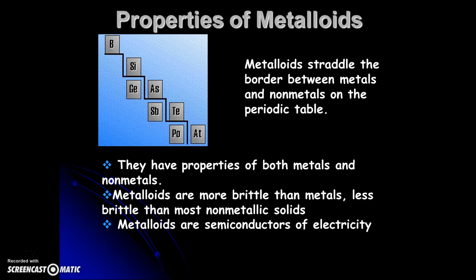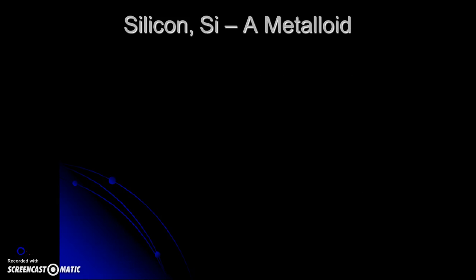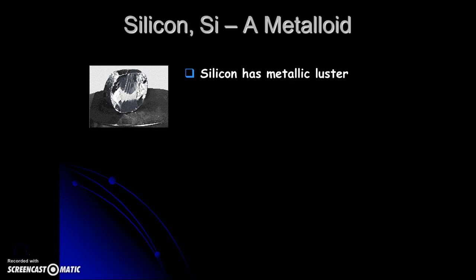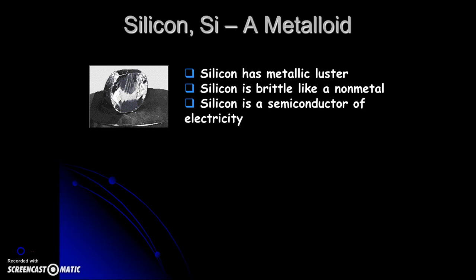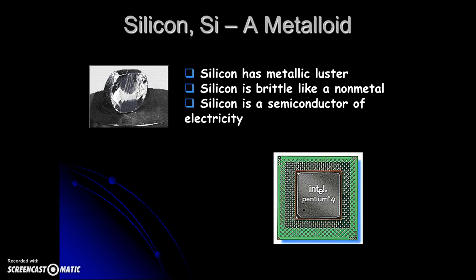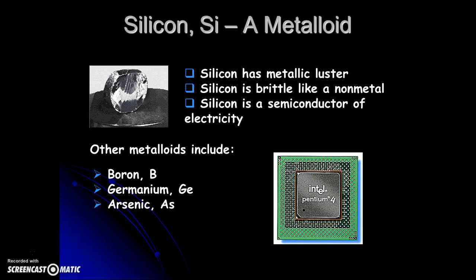And metalloids are probably the most important group of elements to our technology lifestyle. Silicon's one of the most important metalloids, and we probably covered a lot of this in the previous slide, but silicon is what they use for computer processing chips. And here's a list of the other metalloids as they stagger that zigzag line.